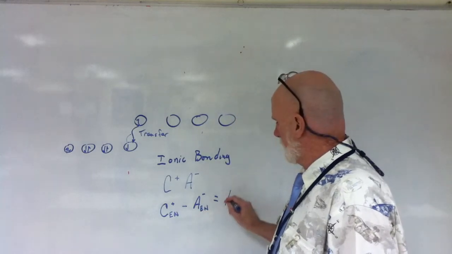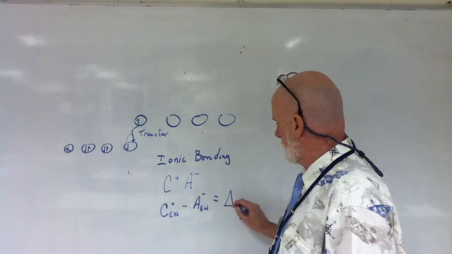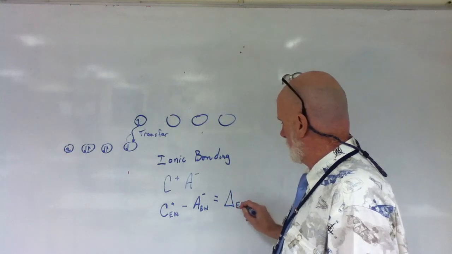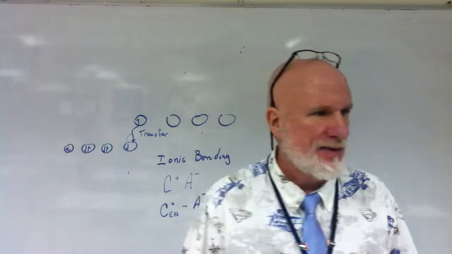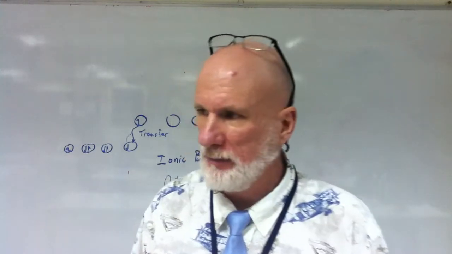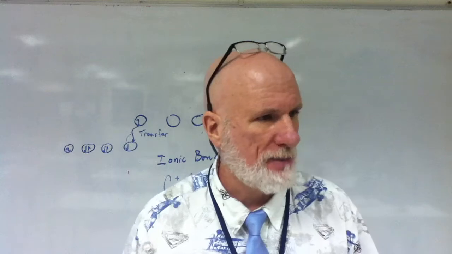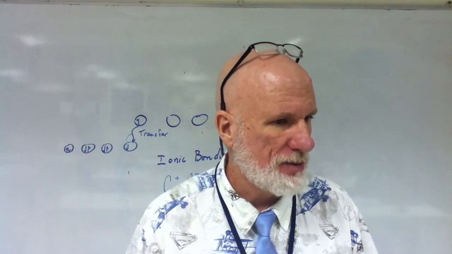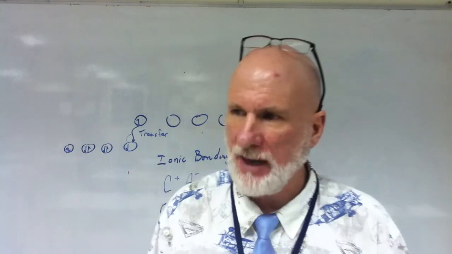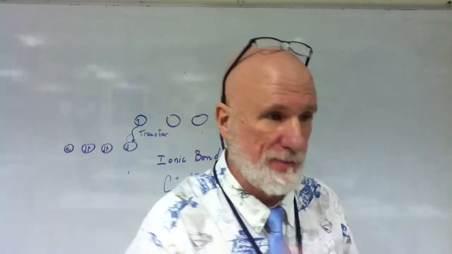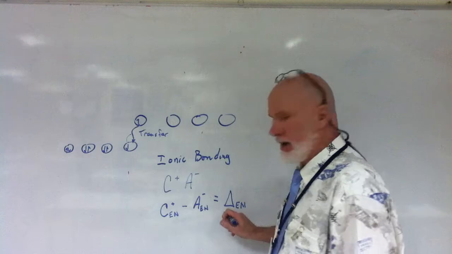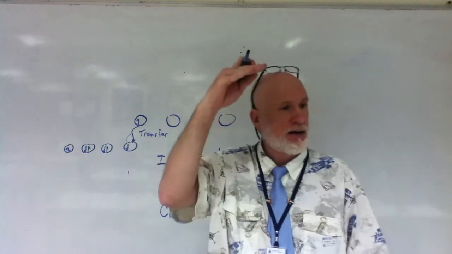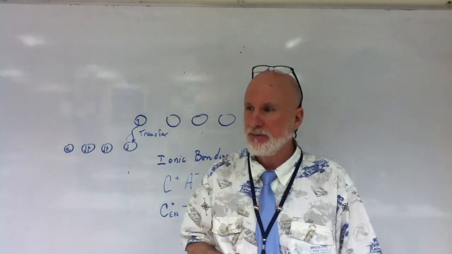We'll call it the difference in electronegativity. That difference will determine whether a bond is going to be ionic or covalent. You actually have to look in the book, in the next chapter, and the book will tell you an above and below value.